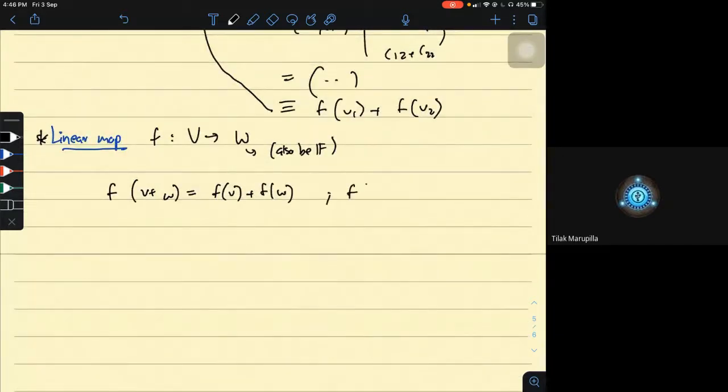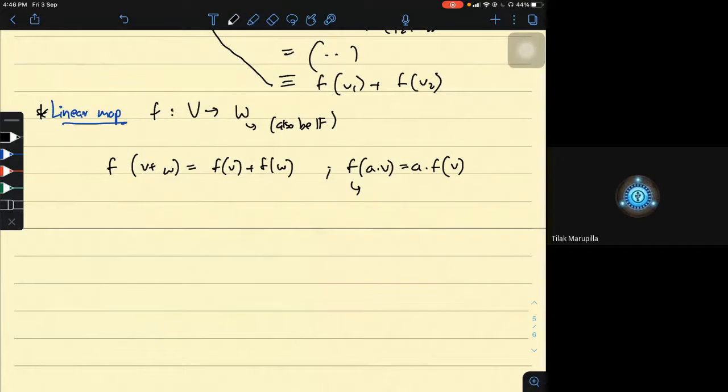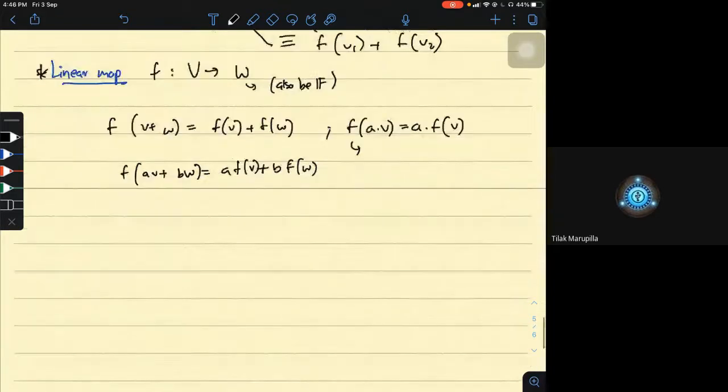And also f of a scalar times the vector is a scalar times the function of the vector. Basically, I can take the scalar outside. So generally writing this, I can write f of av plus bw is a f of v plus b f of w. So this is a linear map.